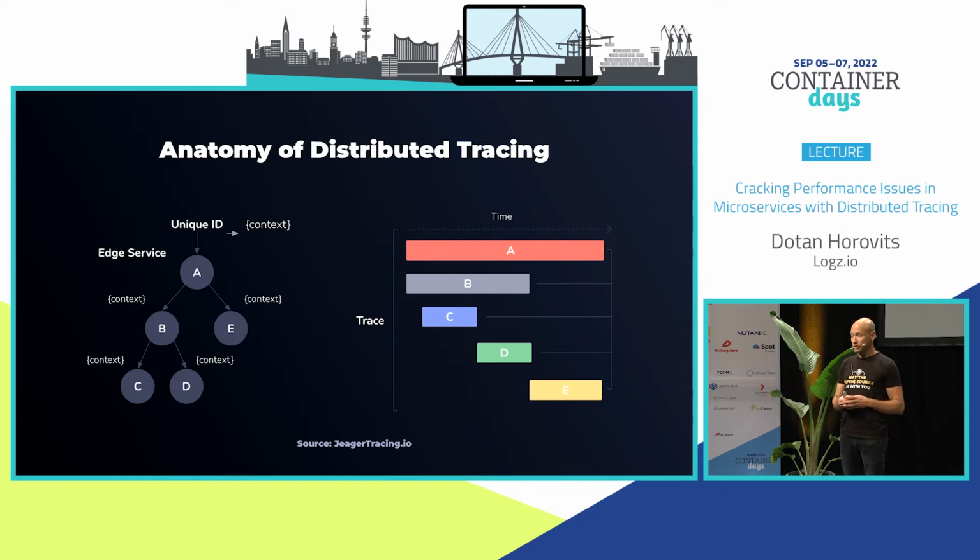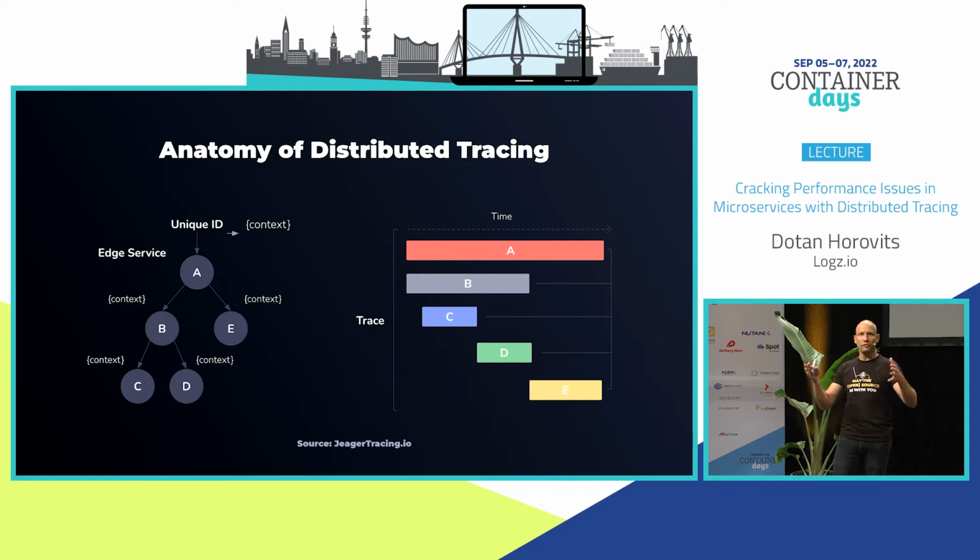Context is very important. It typically contains the trace ID. That's the most important thing, a unified global ID for identifying the trace, but also a lot of other context that can be provided. By the way, some of that context you can set yourselves. You determine the instrumentation, and based on what kinds of information you expose, you can put it as baggage on top of the trace context.